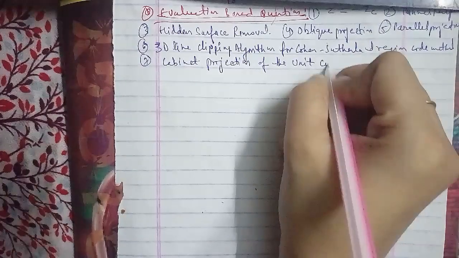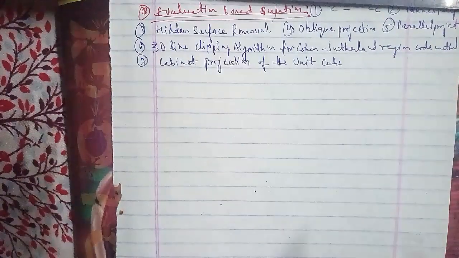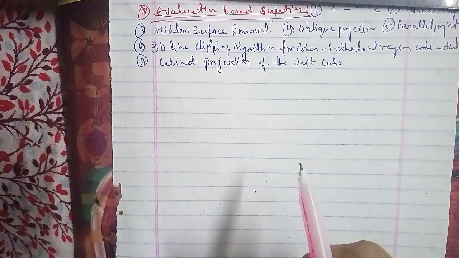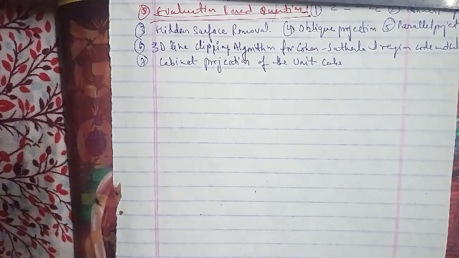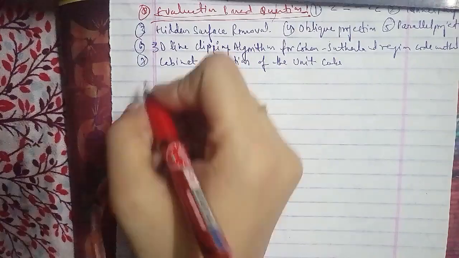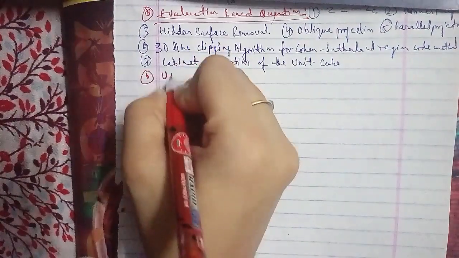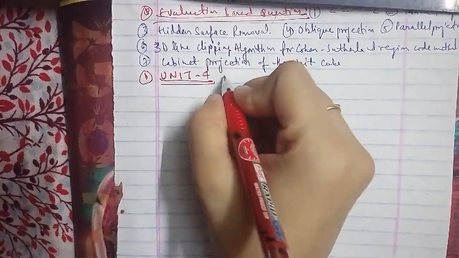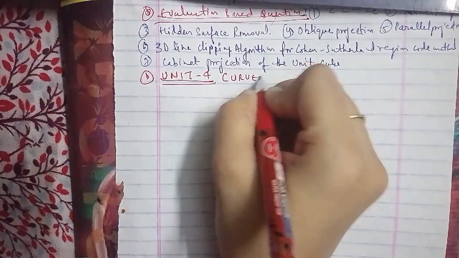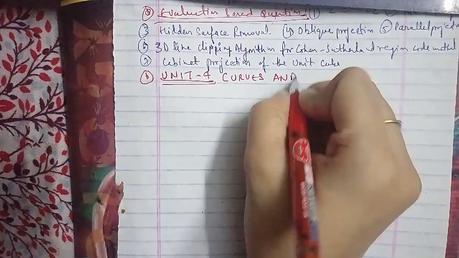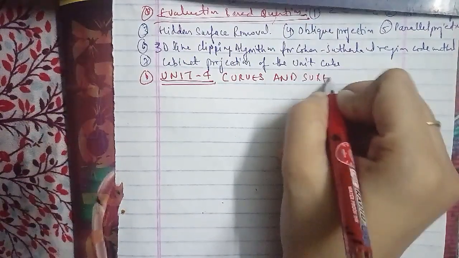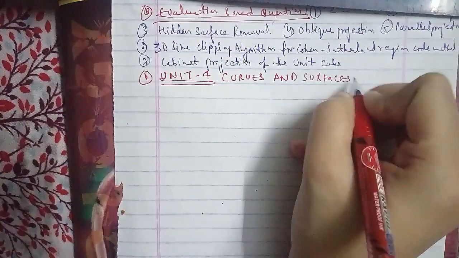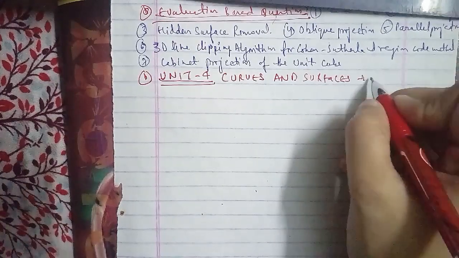The other question that has arisen: name the different quadric surfaces. The different quadric surfaces we have: the first is ellipsoid. The second is elliptic paraboloid.